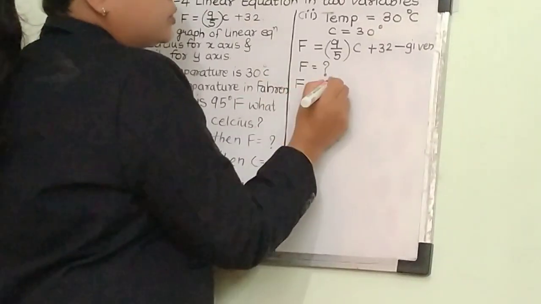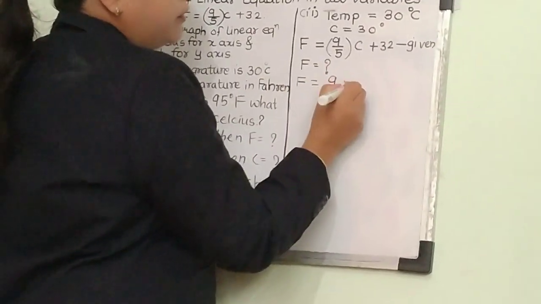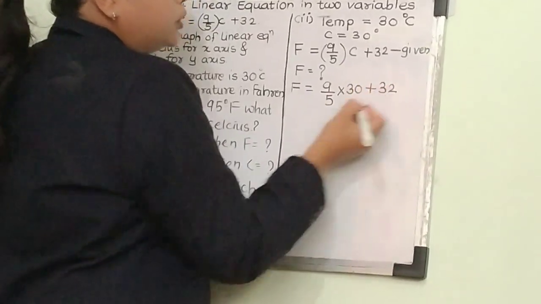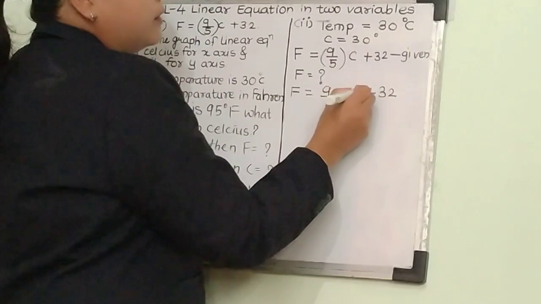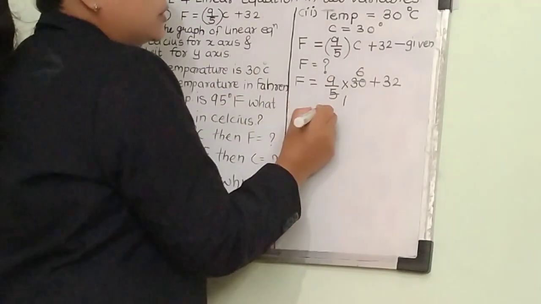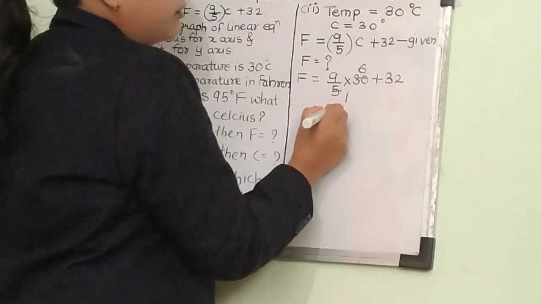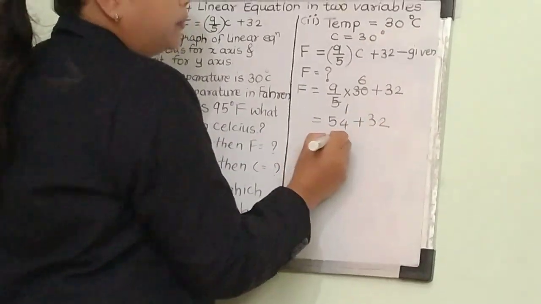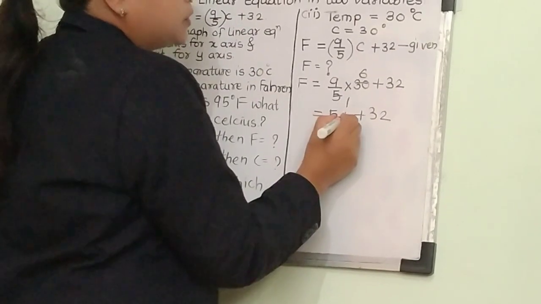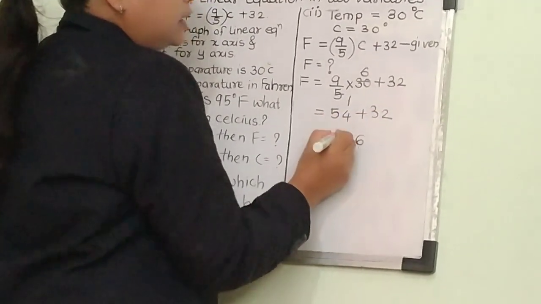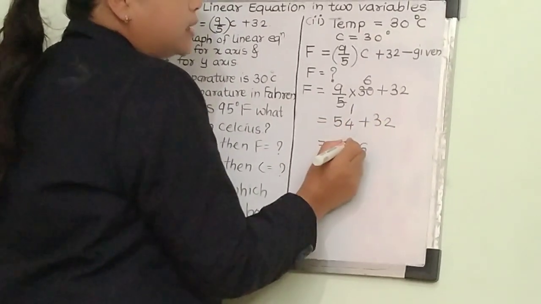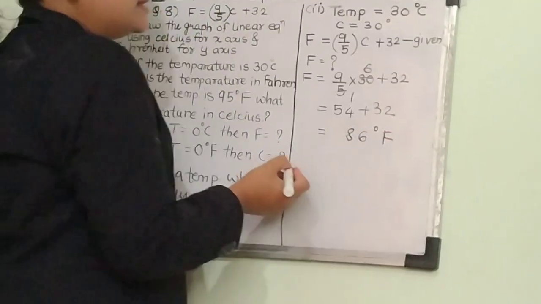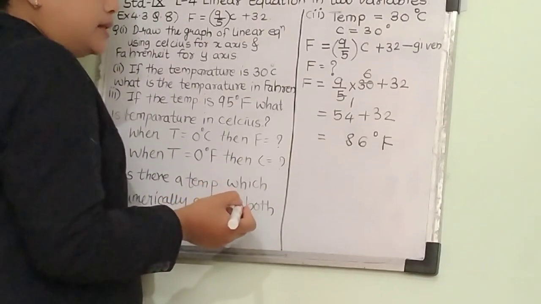So F equals 9 upon 5 into 30 plus 32. 5 ones are 5, 5 6s are 30. So here 9 6s are 54 plus 32. It will come 4 plus 2 is 6, and 5 plus 3 is 8. So it will be 86 degrees Fahrenheit.